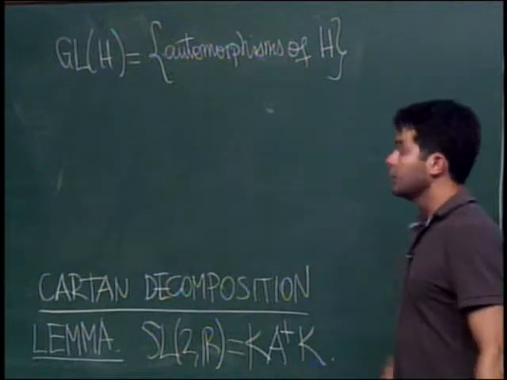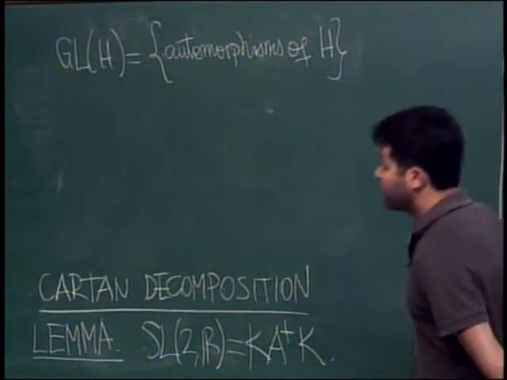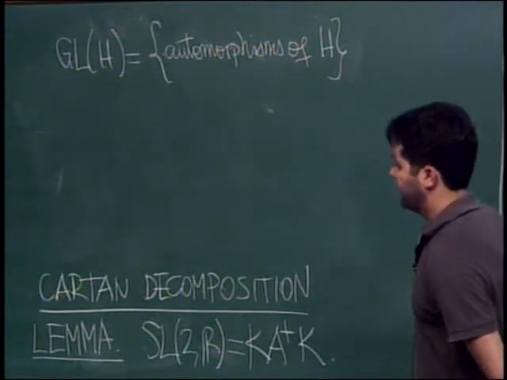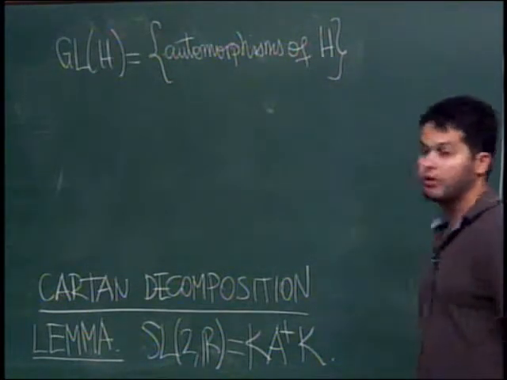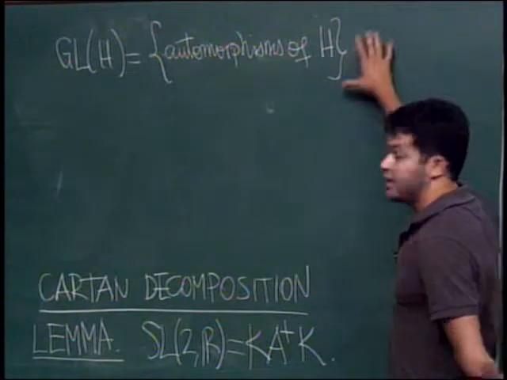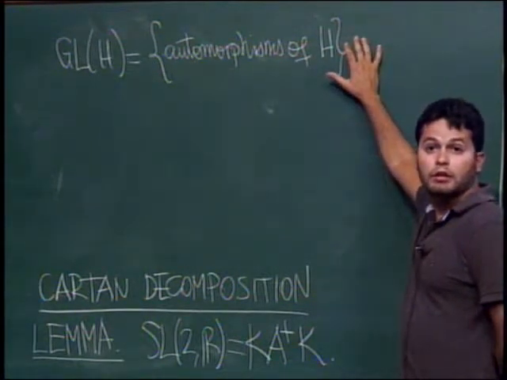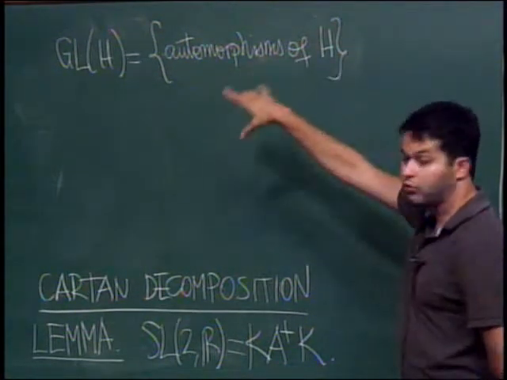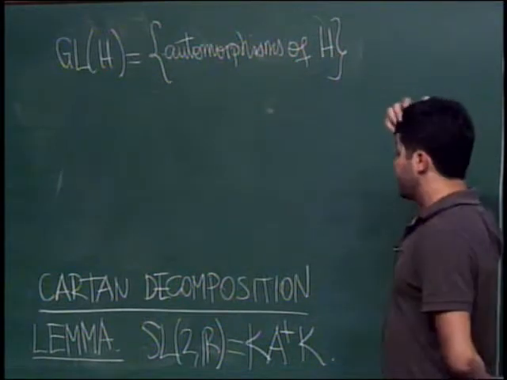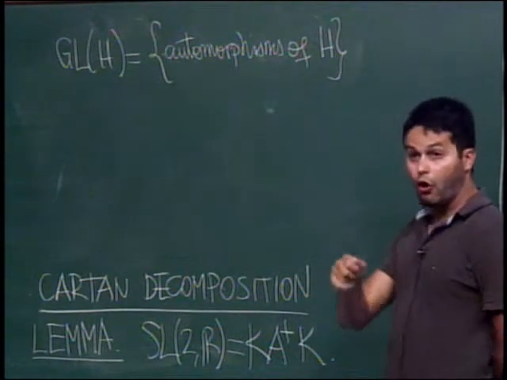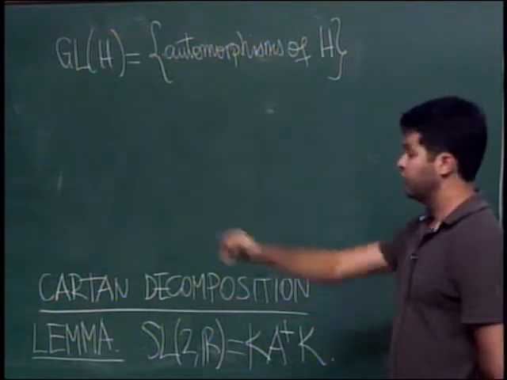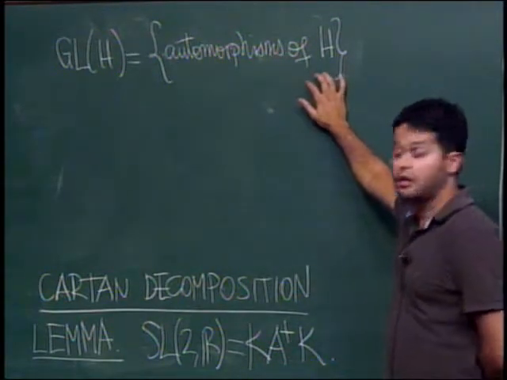Okay? So, we have a group G, and we have a Hilbert space. Once we have a Hilbert space, we have the set of automorphisms of H. This is also a group, right? By composition. So we have two groups. And a representation is nothing but a homomorphism from that group G to this one here.